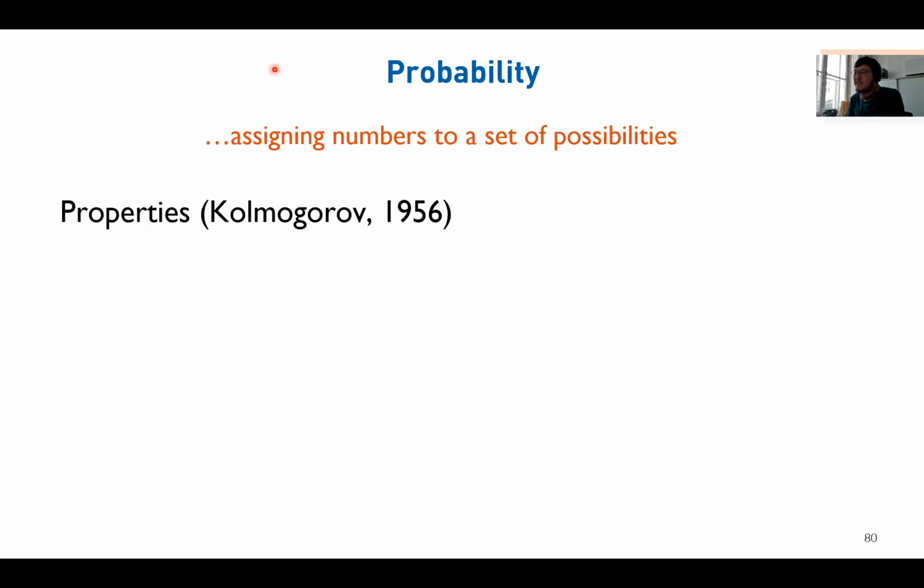So there are two important properties of probability. One is that probability is not some random number. It is a number between 0 and 1, right? From intuition, we know that probability is either 0% chance, so nothing can happen at all, or 100% chance, it will surely happen.